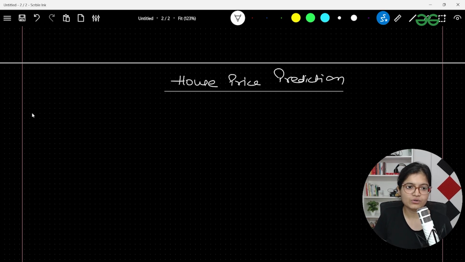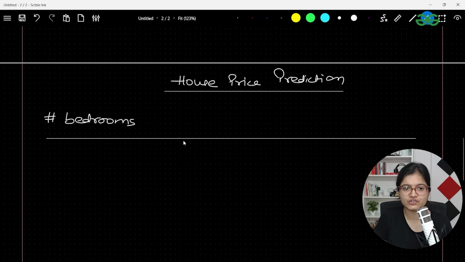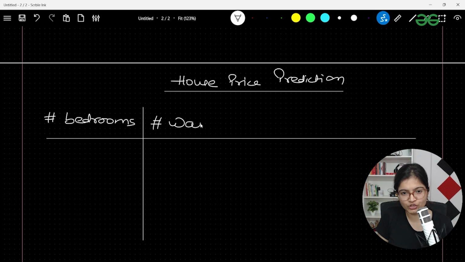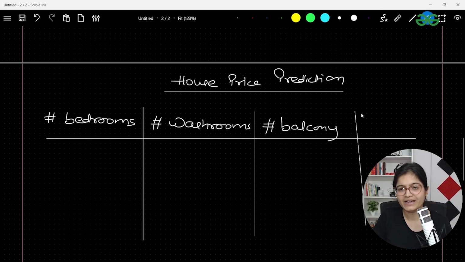I will have features like the number of bedrooms available in a house. Maybe it's a 2 BHK or 3 BHK or 4 BHK, and depending upon that, obviously, the price will vary. Then the number of washrooms in a house, the number of balconies, maybe the locality, and many more.